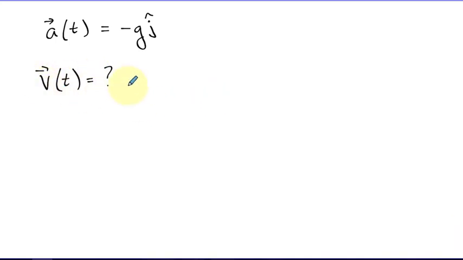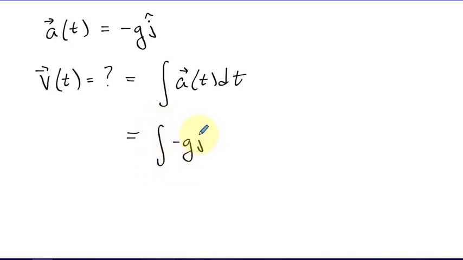So if we're going to find the velocity, this is going to be an antiderivative of the acceleration. So we can integrate with respect to time this acceleration vector. While there are several different ways that I could go about writing this, I'm going to write negative g, unit vector j, integrated with respect to time.